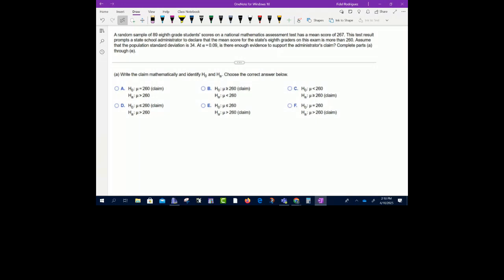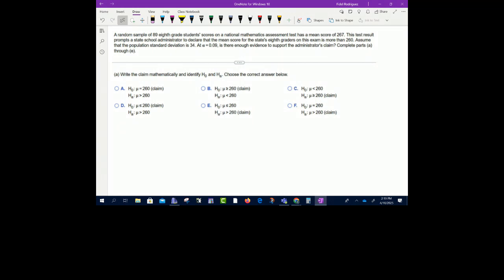The test result prompted a state school administrator to declare that the mean score for the state's eighth graders on this exam is more than 260. Assume that the population standard deviation is 34. At a 9% significance level, that's what 0.09 means, is there enough evidence to support the administrator's claim? Okay, so let's go really slow here and let's see if we can figure some things out.